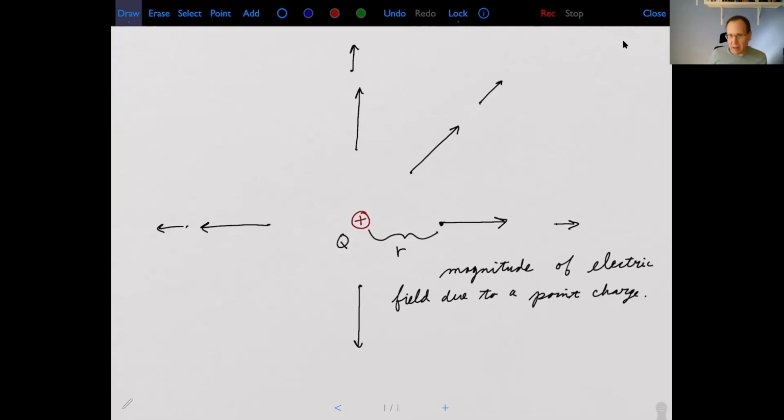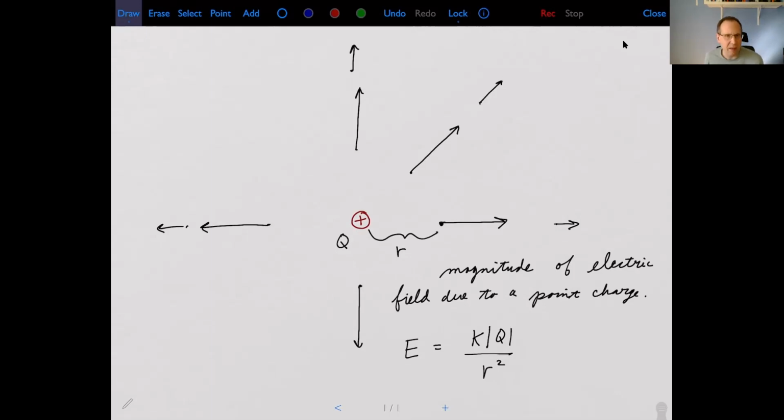So it turns out it depends on several things. I'll call that E for the magnitude of electric field. There's a constant. This is called the electrostatic constant or Coulomb's constant, K. I'll explain what that is in a second. Then we have the charge itself, and it could be positive or negative. If we just want the magnitude of electric field, I'll just write this as the absolute value of the charge, so we'll make it non-negative, and then divided by that distance squared.